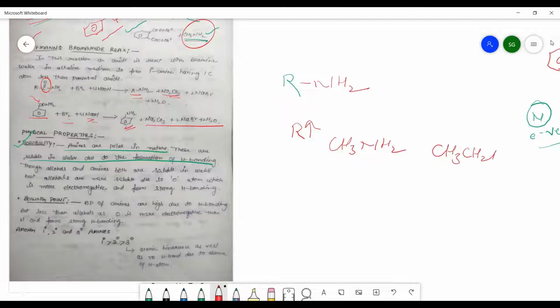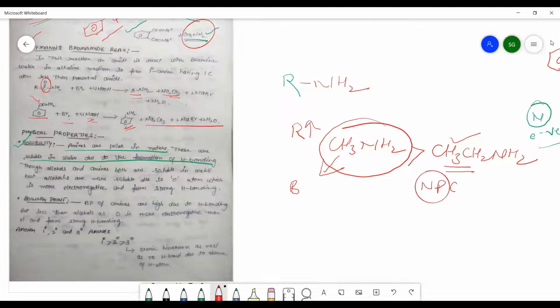Methylamine is more soluble in water as compared to ethylamine, because in methylamine the R group is not so bulky. Ethyl is more bulky than CH3, so it will increase the non-polar character. If the non-polar character increases, the solubility will decrease. So we can say the higher amines are less soluble, partially soluble or insoluble in water. Suppose you take the example of aniline.